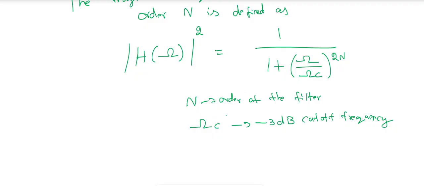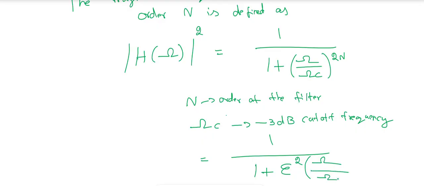So this can be written as 1 divided by 1 plus ε² (ω/ωp) to the power 2n.